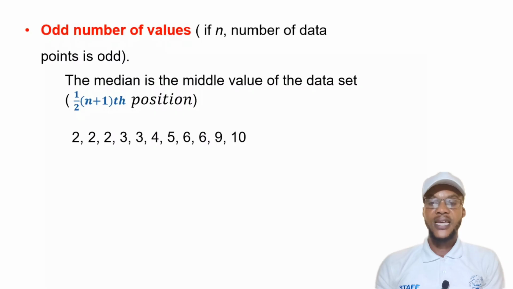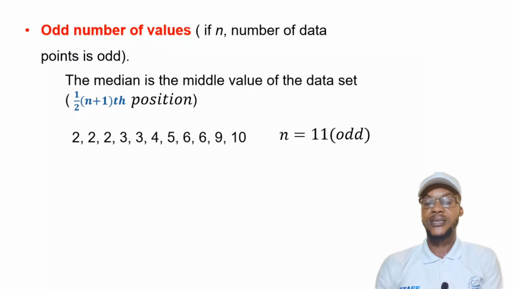Let's identify the number of data points. You realize that we have n equal to 11 numbers. Once you have 11 numbers, then we have an odd count. If we have odd, what does that condition say? The condition says if it is odd, then we find the middle value among these numbers, or we find the (n plus 1)/2 position.